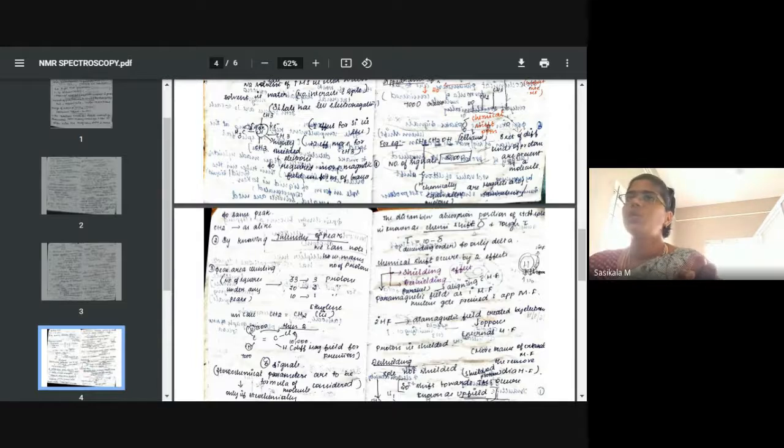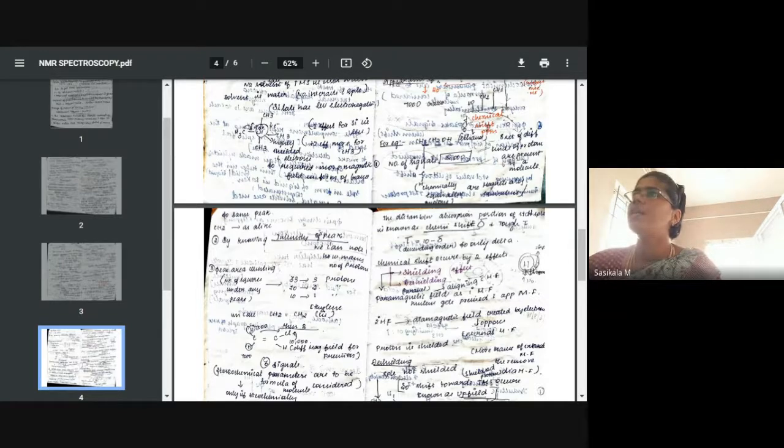Tau is another unit for chemical shift. We will mostly be using chemical shift values in delta only. For easy interpretation we can go with delta values, though tau values can also be used. Tau is nothing but 10 minus delta. If you start from 0 to 10 parts per million, it is the delta value.